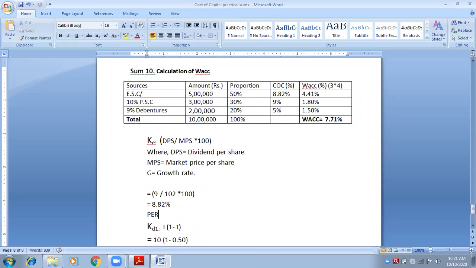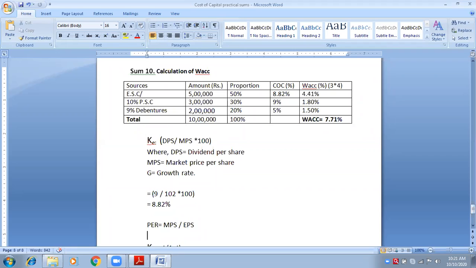What is the price earning ratio ka formula? Just now I explained you. MPS upon EPS. Very good. No need to do into 100. MPS upon EPS.